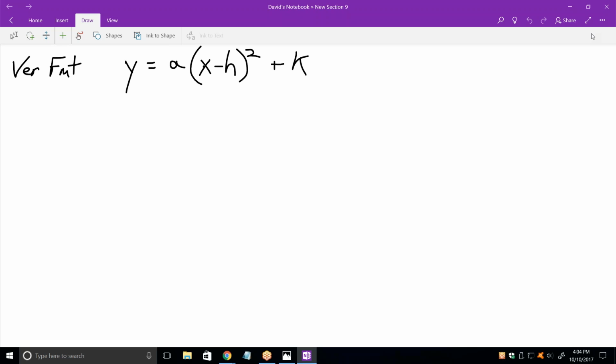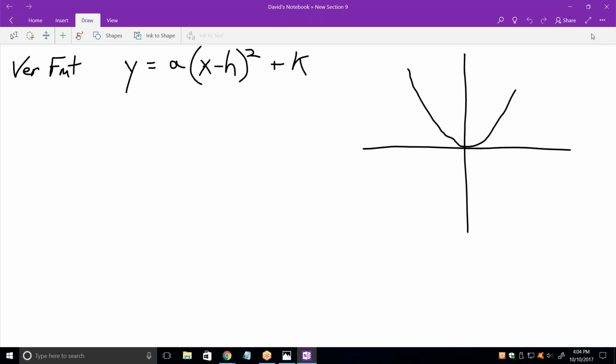For the moment, let's go back and look at what your basic parabola looks like. That is y equals x squared. Now, when I say basic, that's with its vertex at the origin.